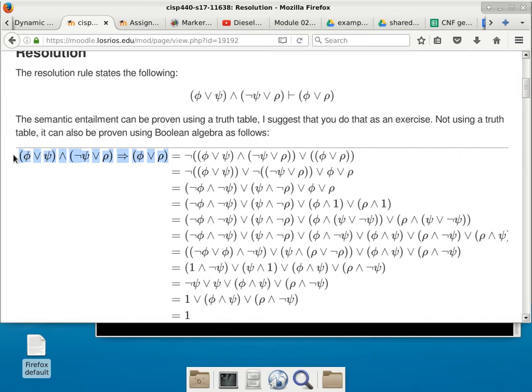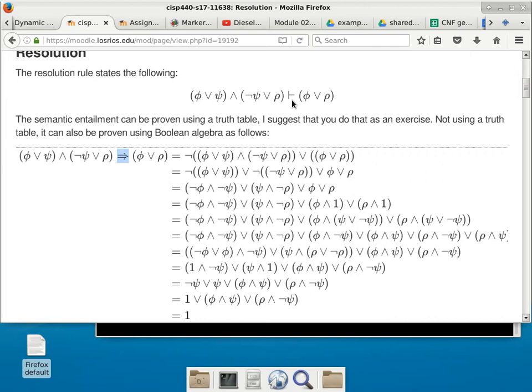That is a really good question. Yep. So is the semantic entailment basically the proof? One and the same? The semantic entailment is a proof. That is correct. Okay. So each time you refer to a semantic entailment, you are basically using implication in place of the inference symbol. So it becomes a proof. Okay.